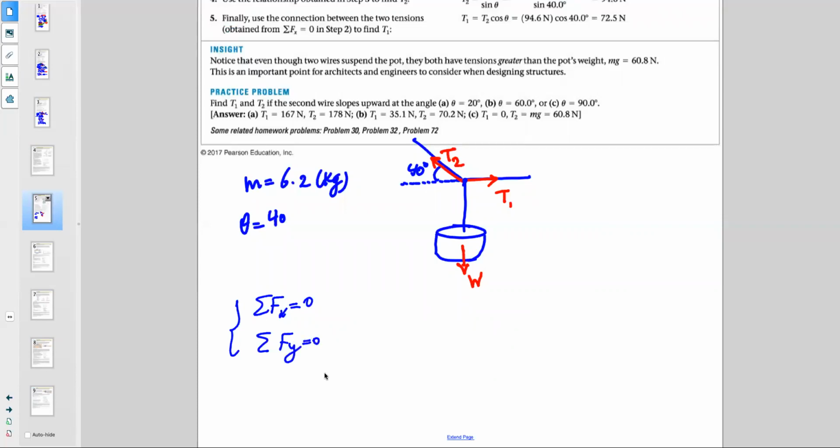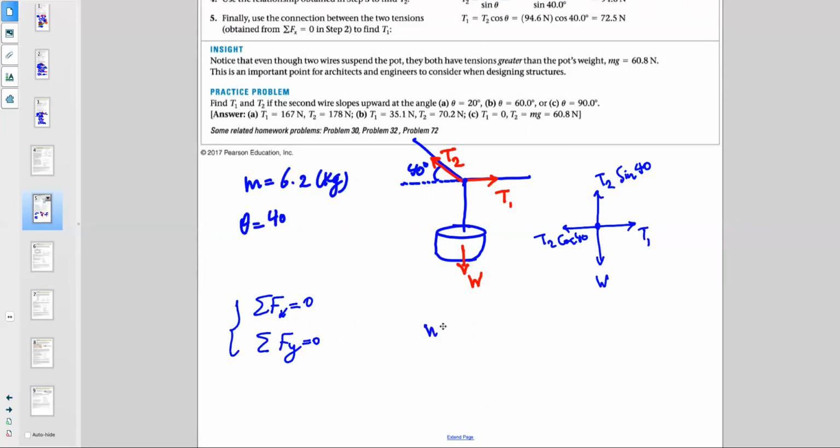So along the y direction, let's see what we have for this point. We have T1, we have W, we have T2 sine 40, and we have T2 cosine 40. They should cancel out.